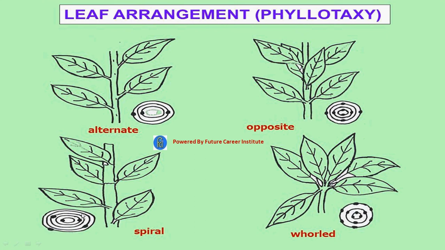They are forming a circular pattern or a spiral pattern. Hence, this arrangement is known as spiral phyllotaxy. In the 4th picture, you can see one node has more than 2 leaves. First node has 3 leaves, second node also has 3 leaves, and the third node has 6 leaves. Hence, clearly this is an example of whorled phyllotaxy.